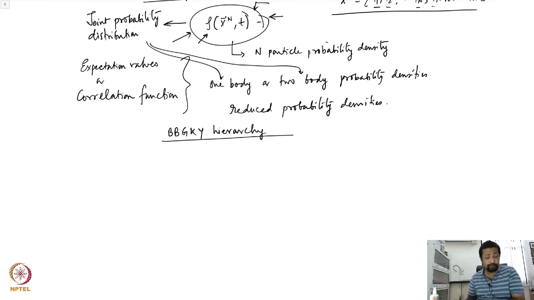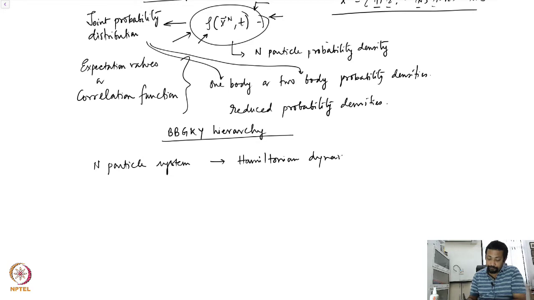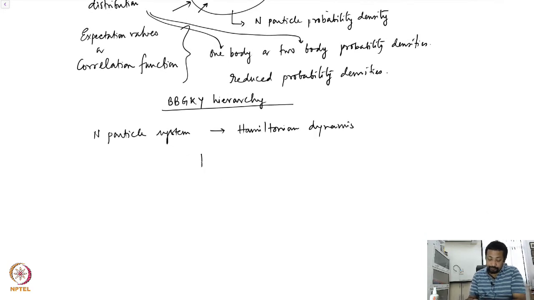So now what we want to do is write a dynamical equation for this. Since I have an N particle system that obeys Hamiltonian dynamics, that means that p_i dot is minus del H_N del q_i and q_i dot is plus del H_N del p_i.